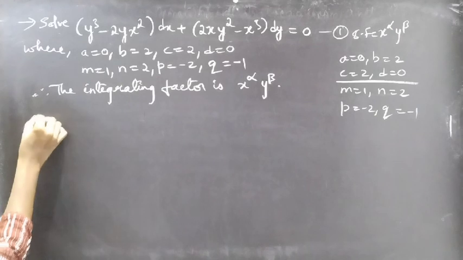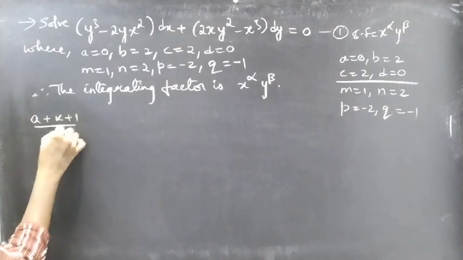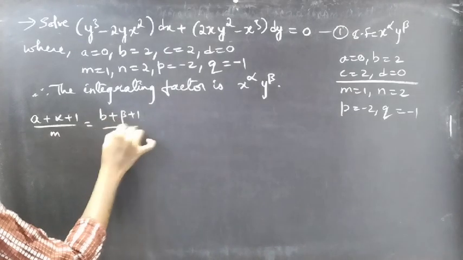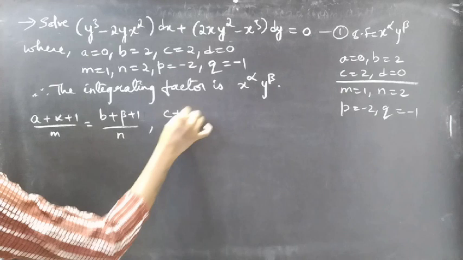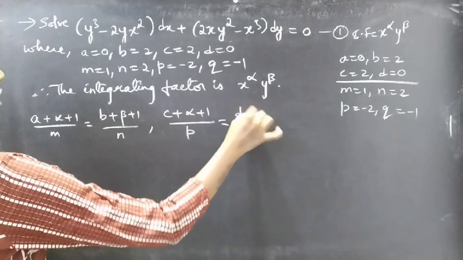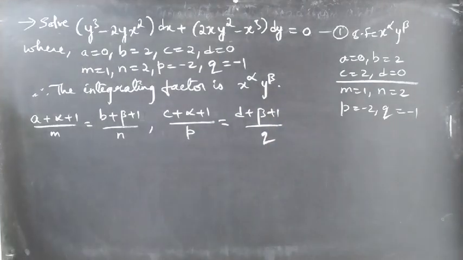So we are going to use a plus alpha plus 1 by m equal to b plus beta plus 1 by n, and c plus alpha plus 1 by p equal to d plus beta plus 1 by q, to find alpha and beta.